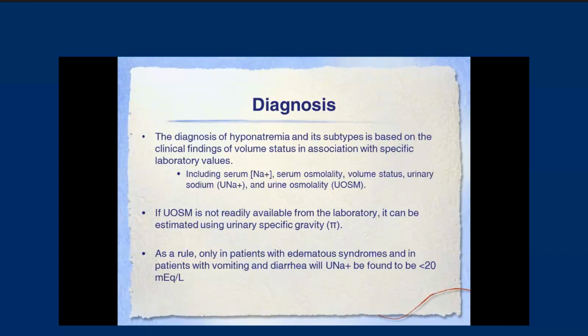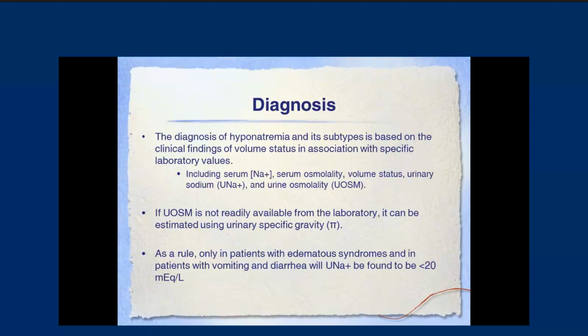Serum osmolality can be calculated from glucose and sodium. So as a trend, it is good whenever we request serum electrolytes to draw a blood glucose level simultaneously to calculate the serum osmolality.